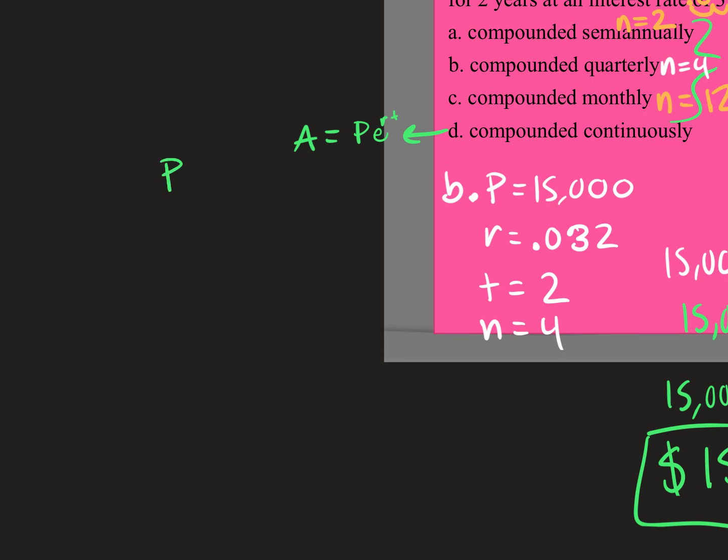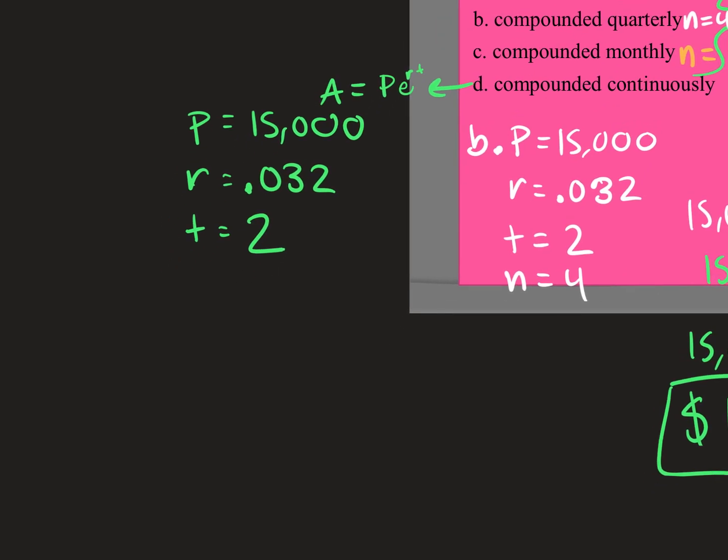So I need to figure out what P, R, and T is. So what's my P? 15,000. What's my R? So 0.032. And what's my time? 2 years.